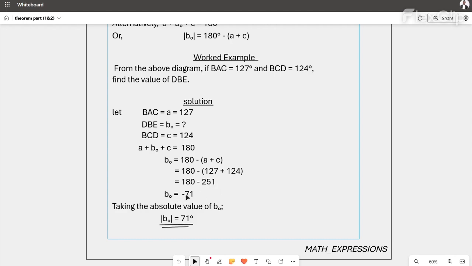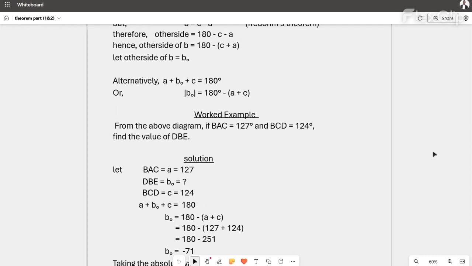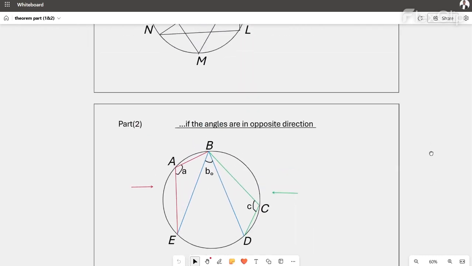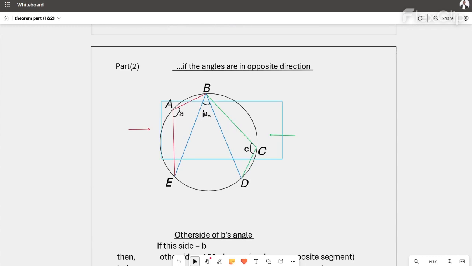Angle B naught is equal to minus 71 degrees. Taking the absolute value of B naught, it will be equal to 71 degrees. Therefore, angle B naught is equal to 71 degrees. So therefore, this angle B naught here is equal to 71 degrees.